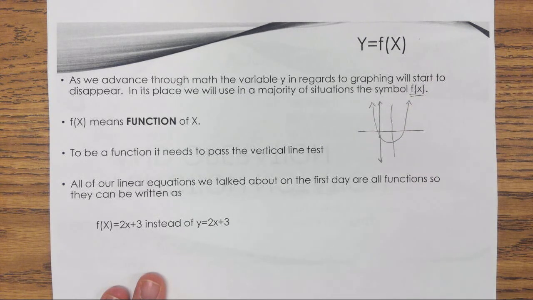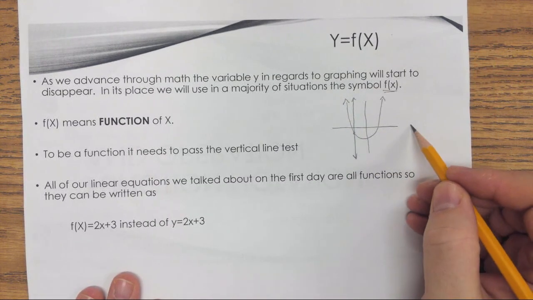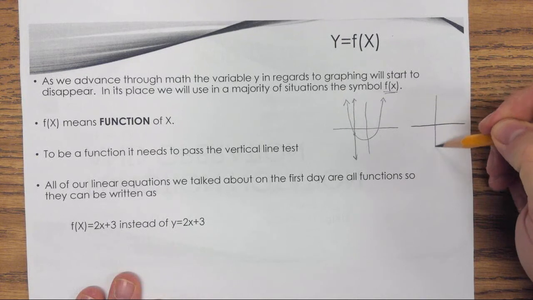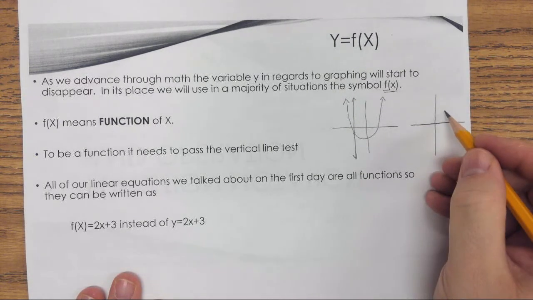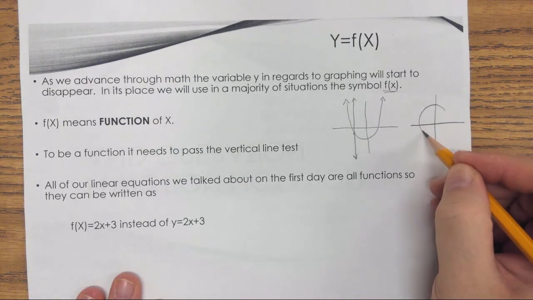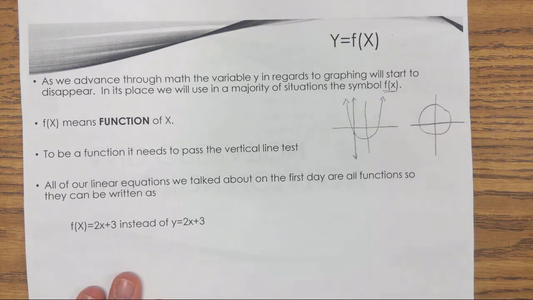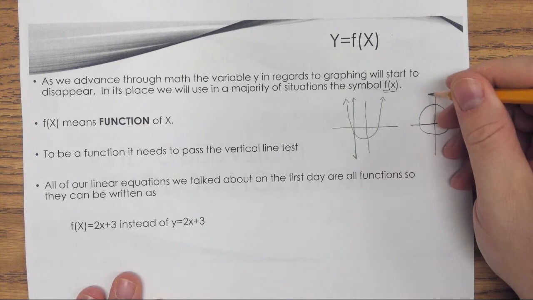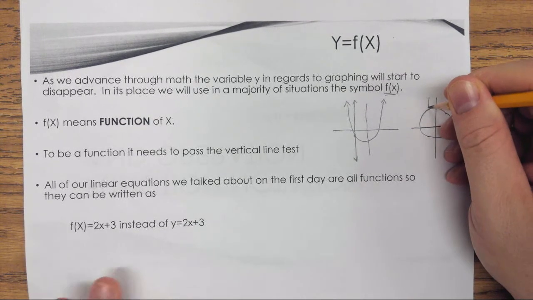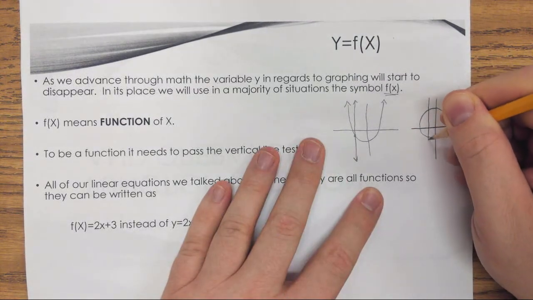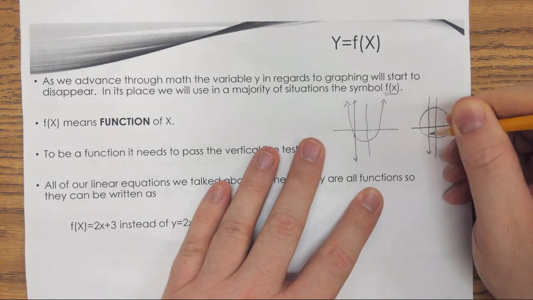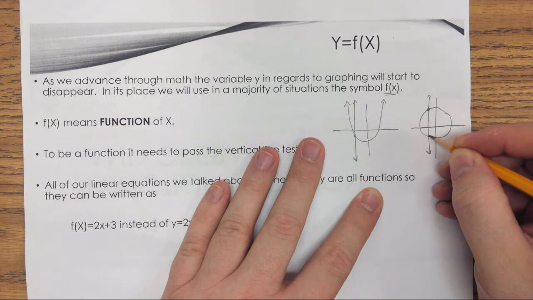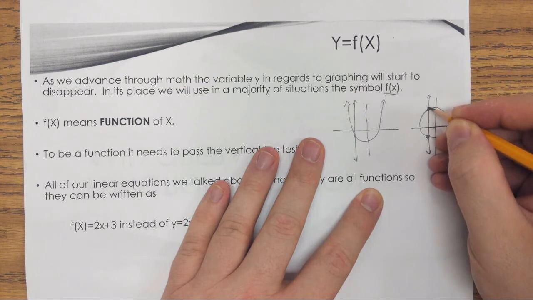As a different example to show that something is not a function, let's look at this circle. If I do a vertical line on this, here's a vertical line right here, then we see that this passes through more than once.